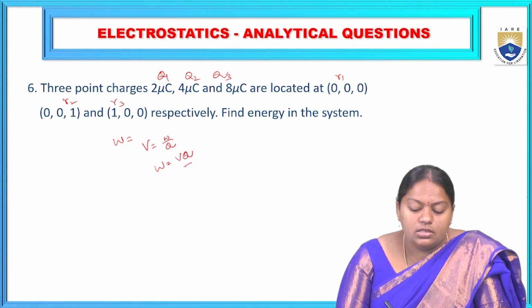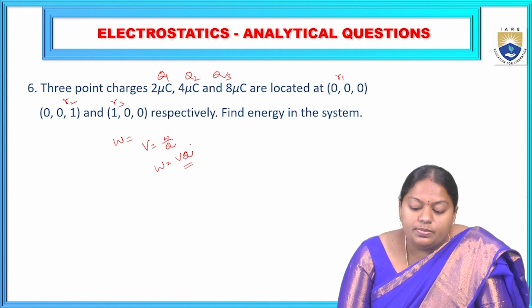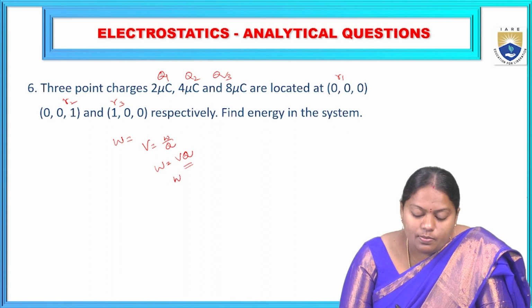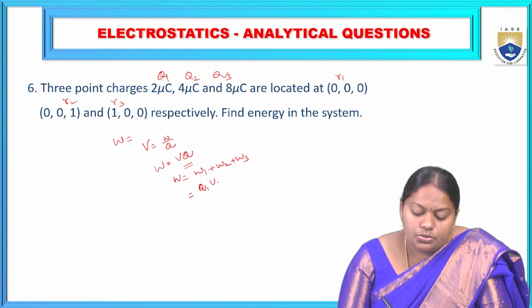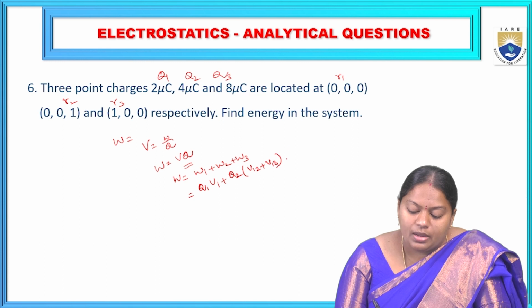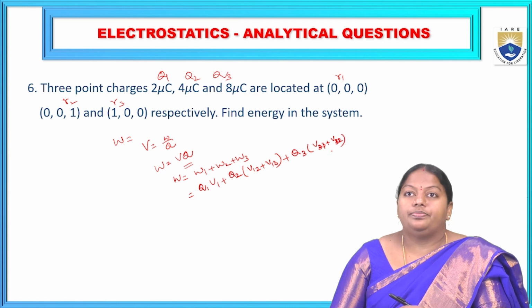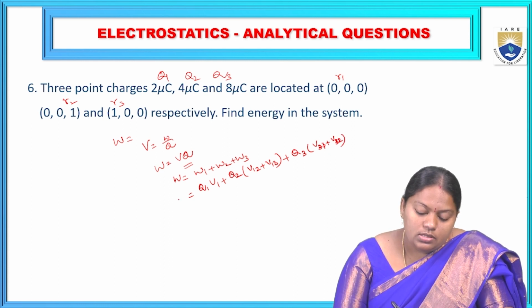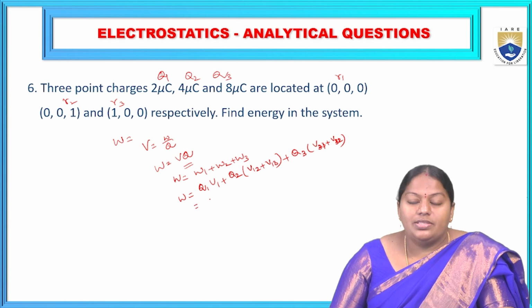The work done in order to assemble three point charges is W equal to W1 plus W2 plus W3. So it is given by Q1 into V1 plus Q2 into V12 plus V13 plus Q3 into V23 plus V31 plus V32. Right? This is the way we can evaluate the total energy present in the particular system.